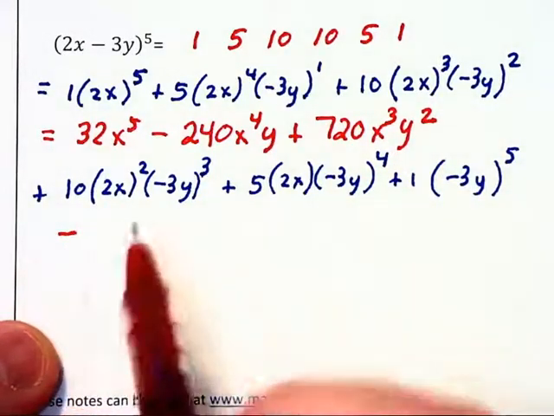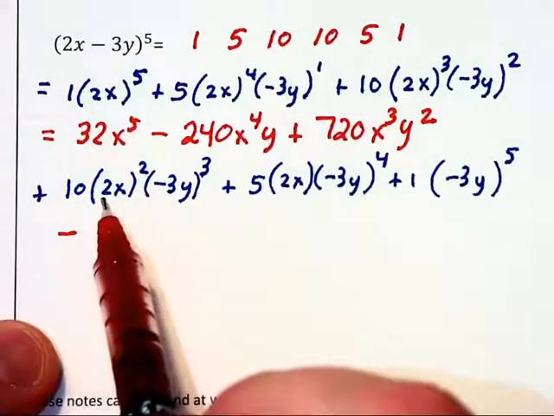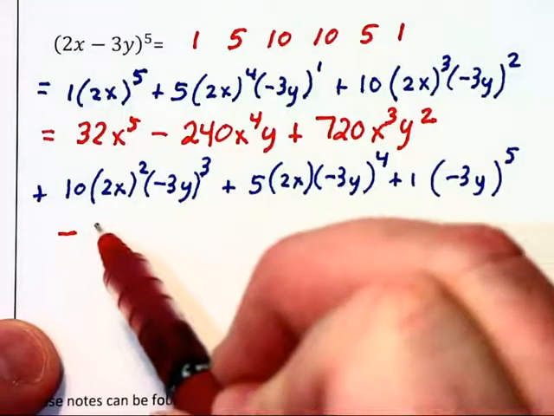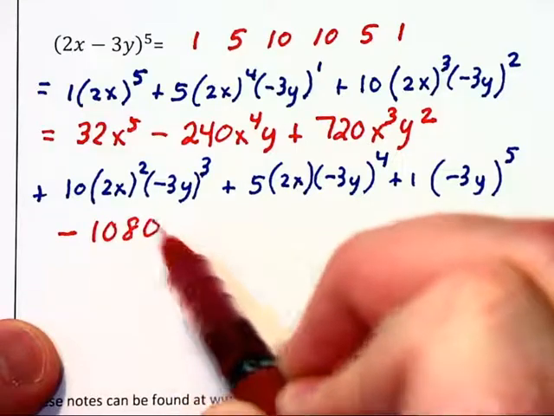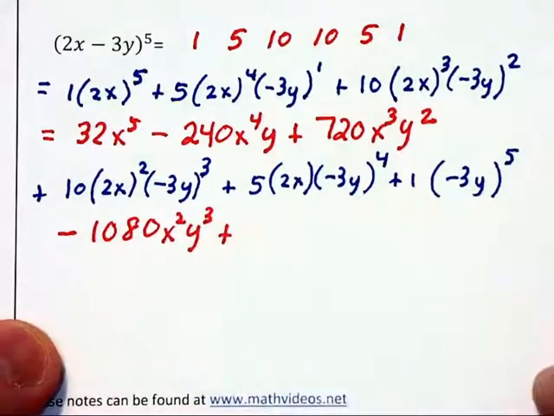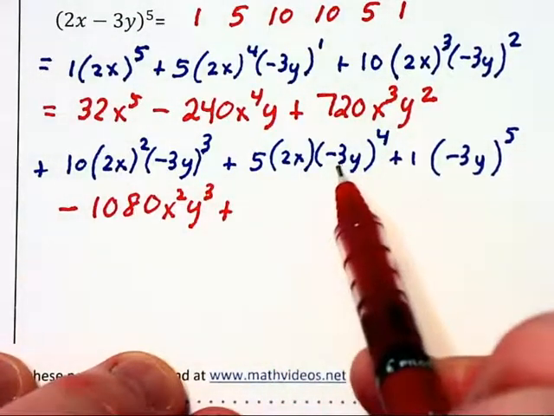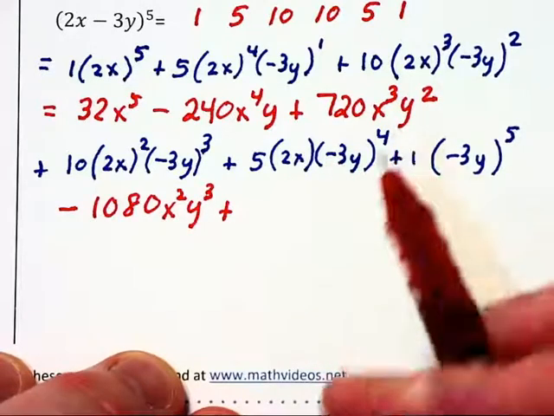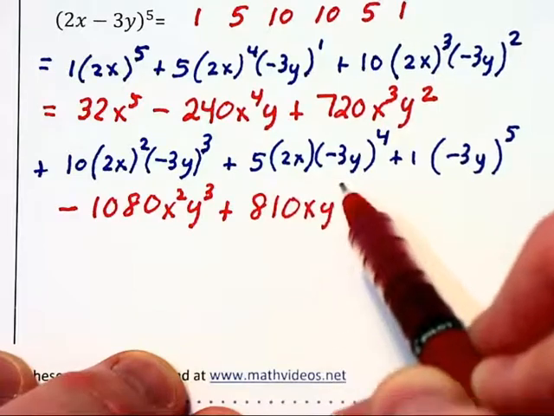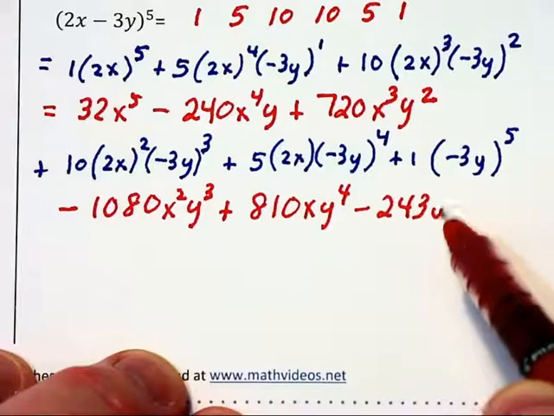minus, okay, we've got 10 times 2 squared, that's 10 times 4, which is 40, times negative 3 cubed, which is negative 27, which gives us 1080 x squared y cubed, plus, okay, now we have 5 times 2, which is 10, negative 3 to the fourth is 81. 10 times 81 is 810 xy to the fourth, and finally minus 243 y to the fifth.